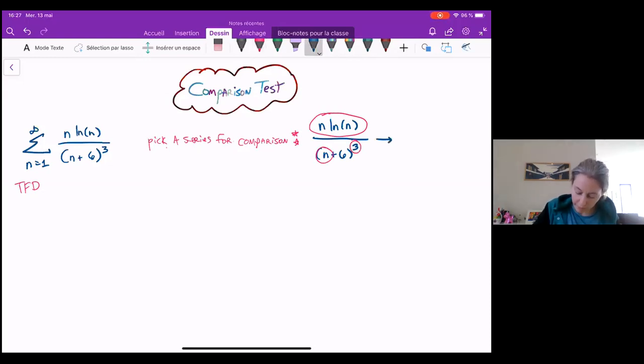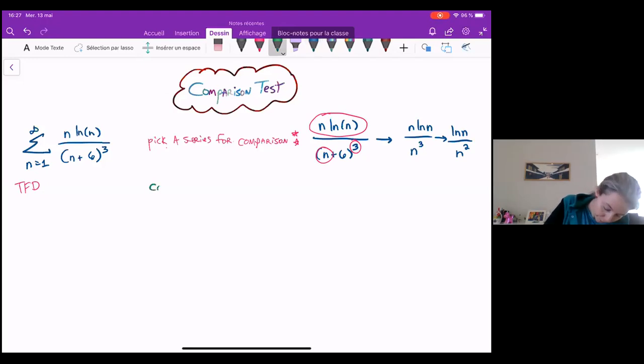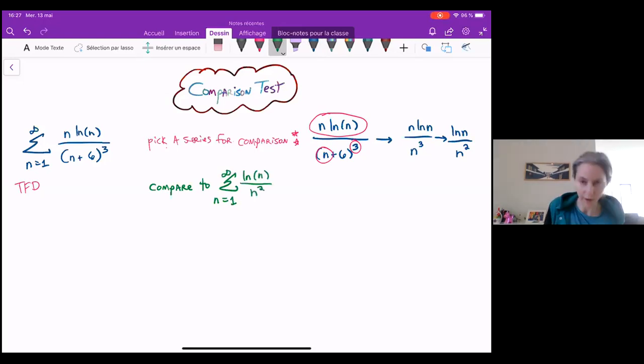So this would give me n ln n over n cubed, which gives me ln n over n squared. Okay, so we want to compare to the sum n equals 1 to infinity of ln n over n squared.